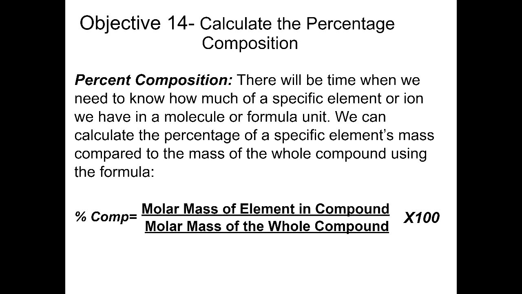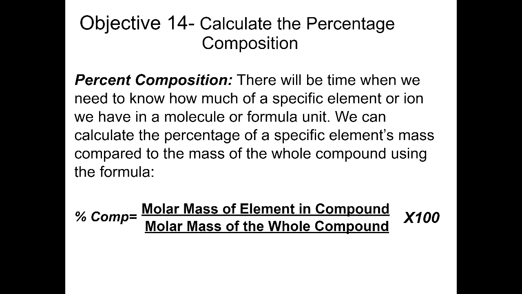We could go back and do 16.0 divided by 18, or we could just say 100 minus 11 is 89. So we know that 89% of H2O is oxygen. Because again, 89 plus 11 equals 100.